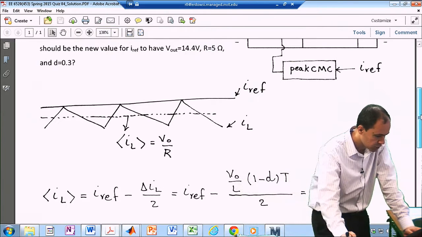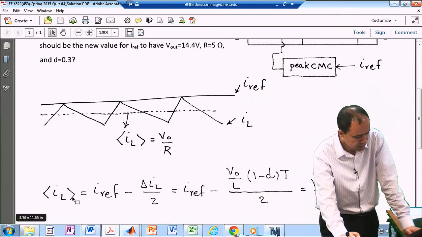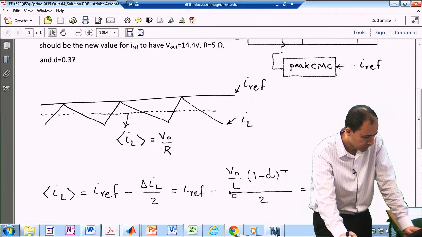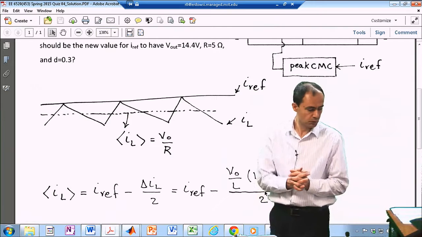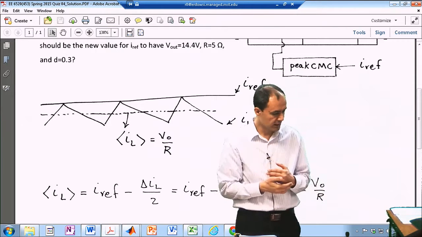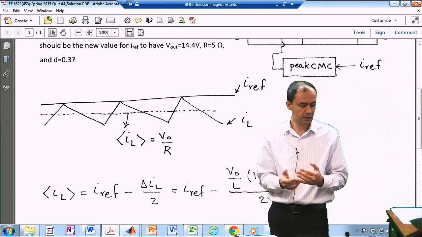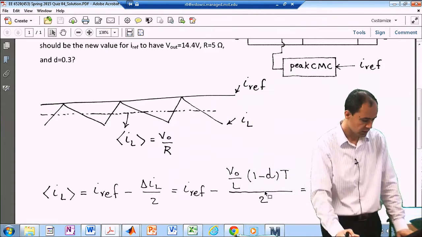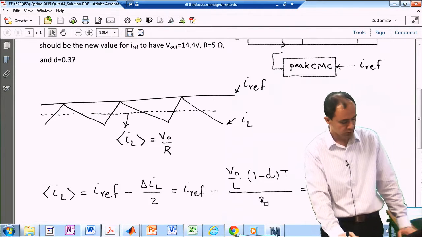So this equation that I have down here is the average value of the inductor current is the reference for the current minus half of the ripple, okay? And for half of the ripple, you can either relate it to the mode 1, which is V in minus V out over L times D times T, or in this case, I'm relating it to the second mode, which is V out over L times 1 minus D times T. And there is a division by 2, obviously.